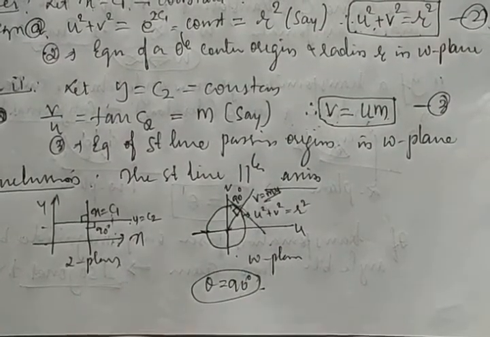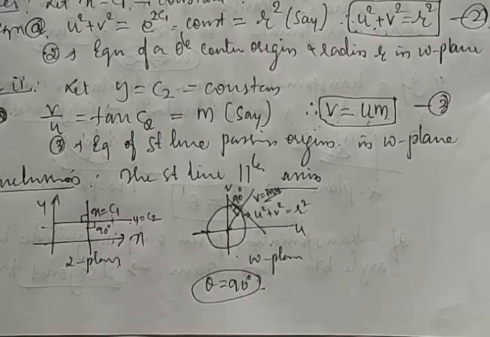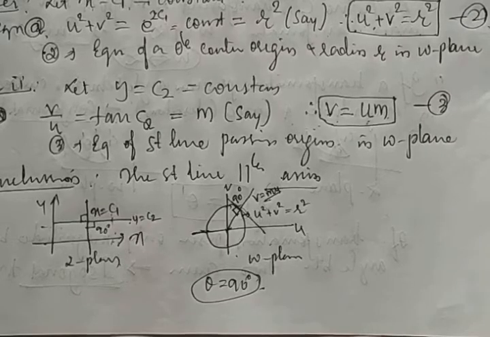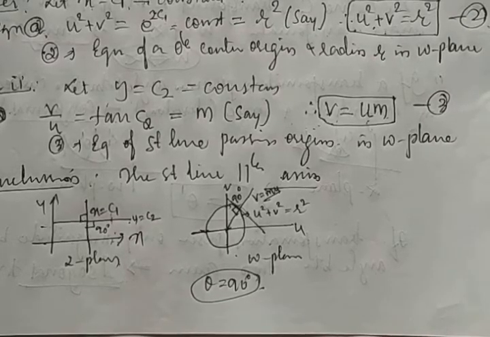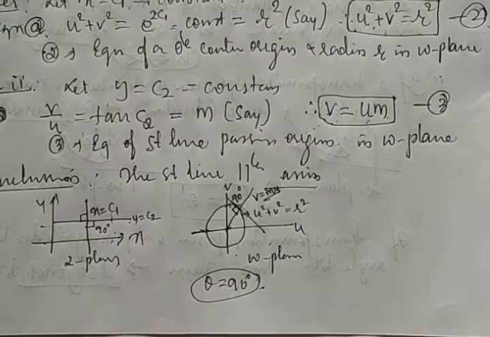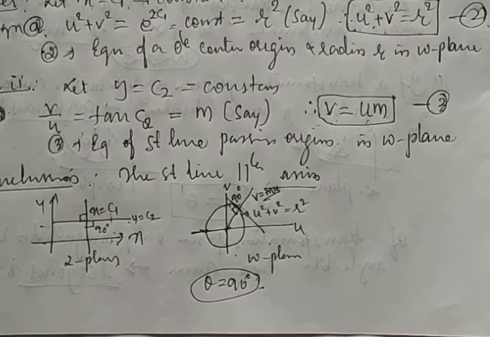Therefore, we can conclude it like this. The x-axis in the z plane maps into a straight line in the omega plane, and a straight line which was parallel to the y-axis in the z plane maps into a circle in the omega plane. Thank you.